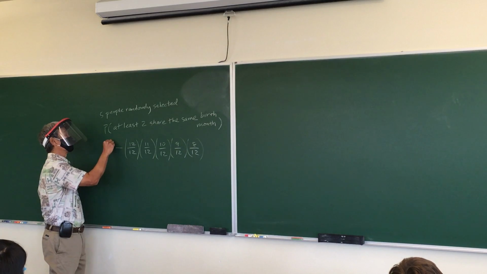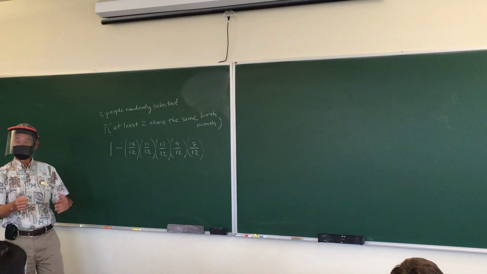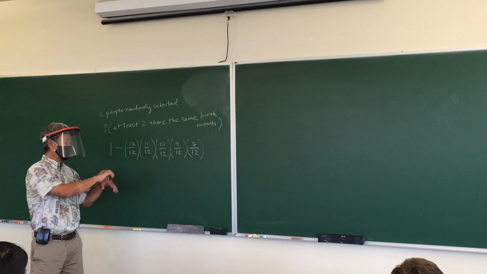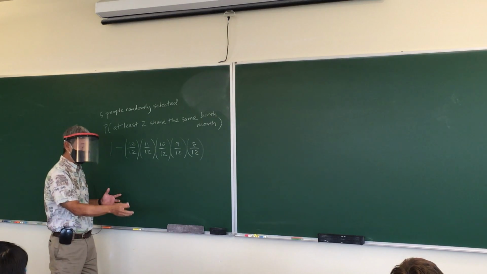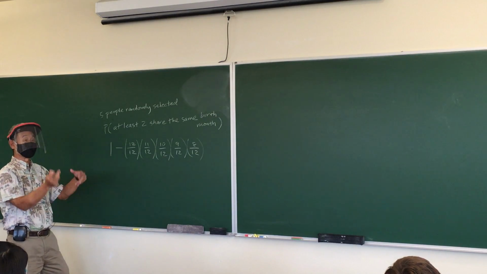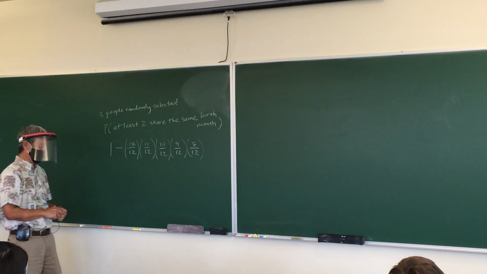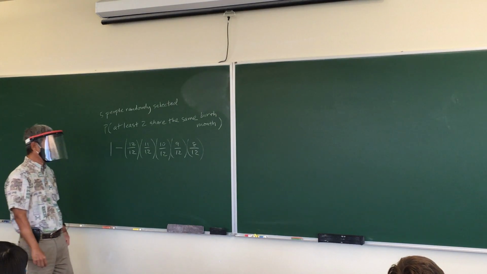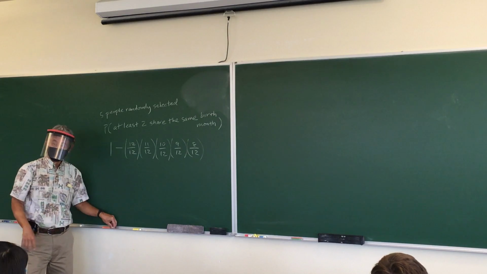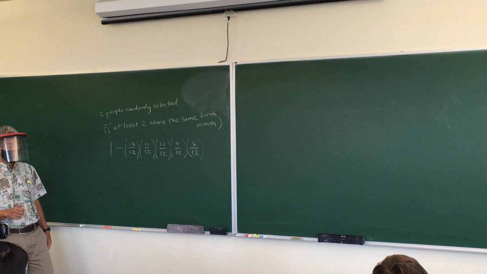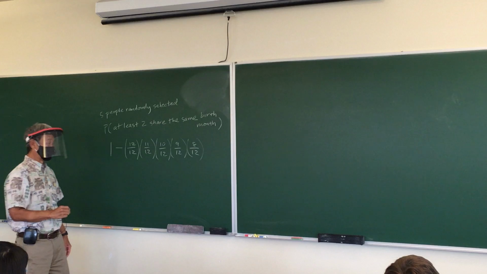You subtract it from 1, because that's the complement. The complement of these 5 people all are born in a different month is at least 2 of them are born in the same month. Okay, that's the birthday problem. What kind of twist can Mr. Park pull? Well, you'll have to take the test to find out.